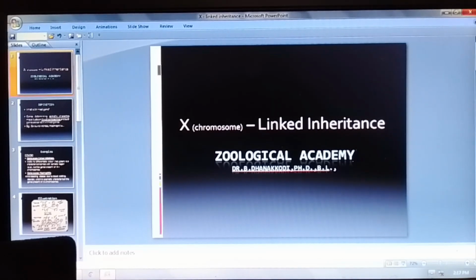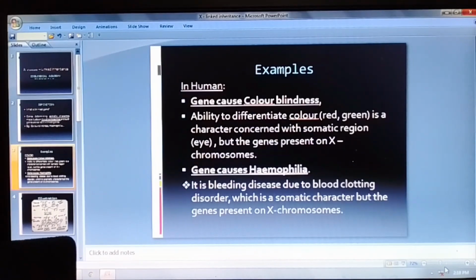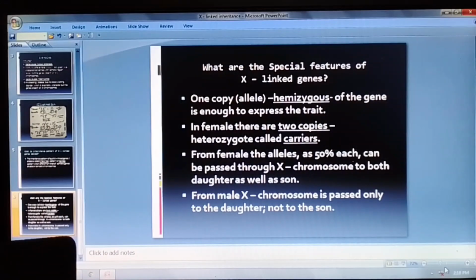And here I have one more slide about the special features of X-linked genes. So it can express in hemizygous condition, and that is a special feature.